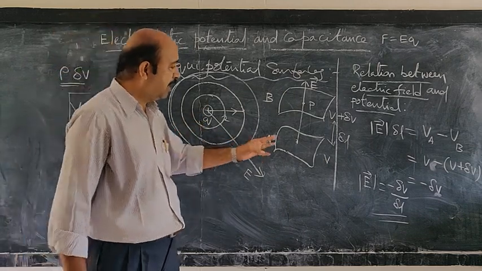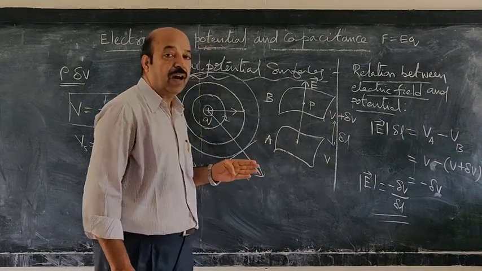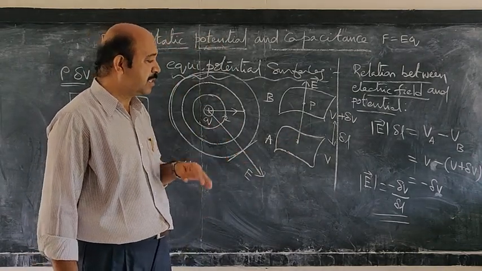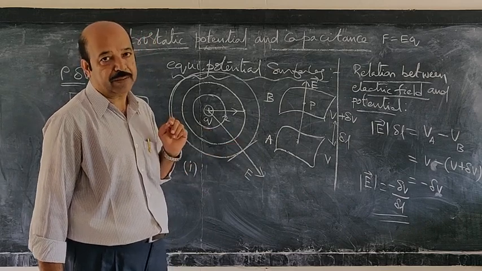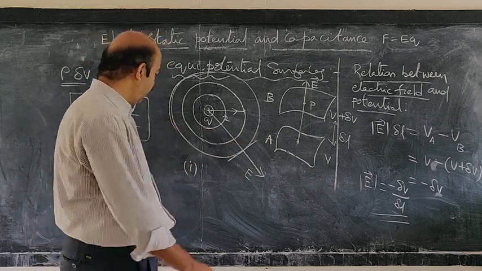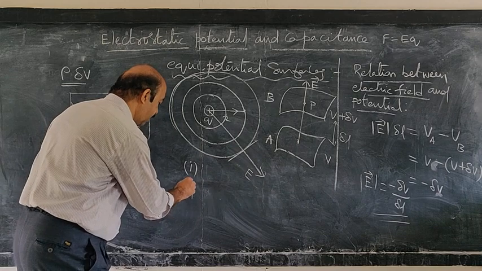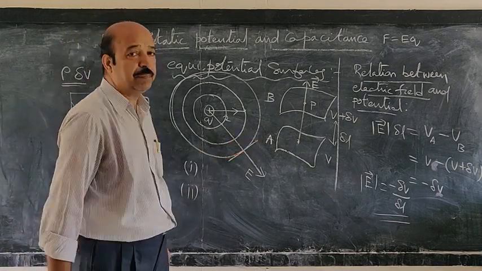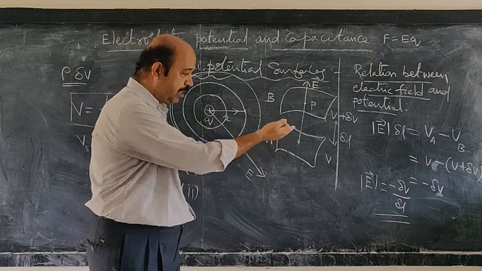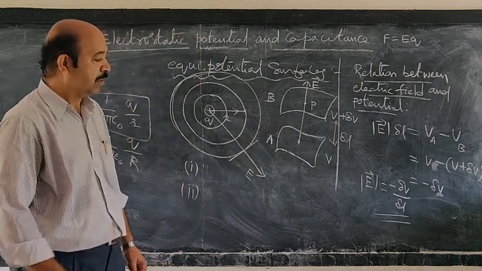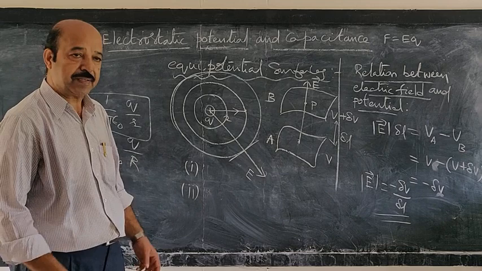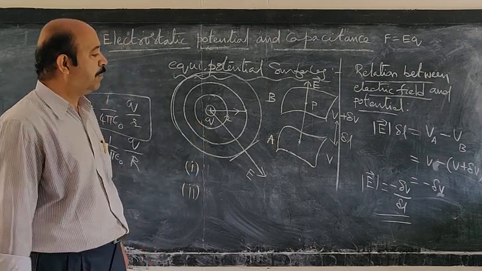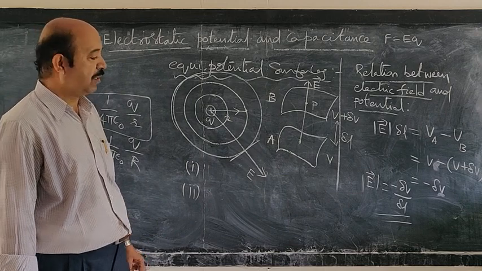So the direction of the electric field will be along the direction in which the potential decreases at maximum rate. And another point is, we can also say that the decrease in potential is steepest along the direction we call the direction of the electric field.